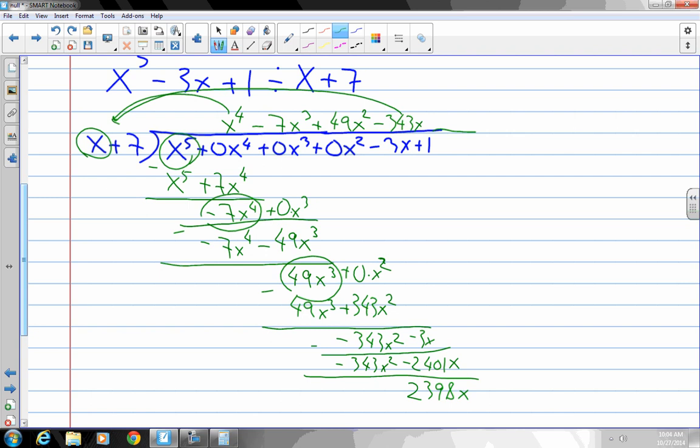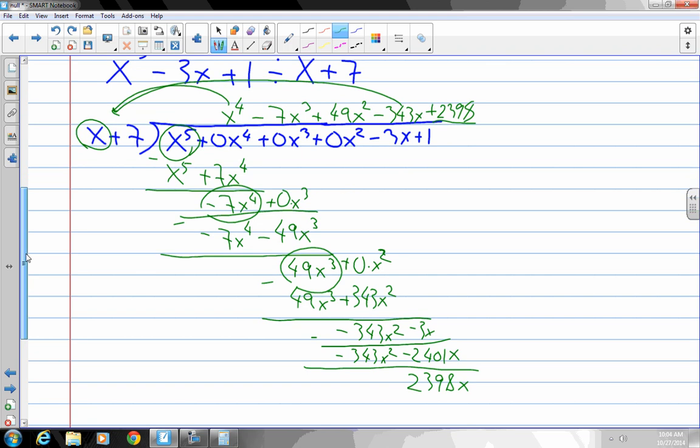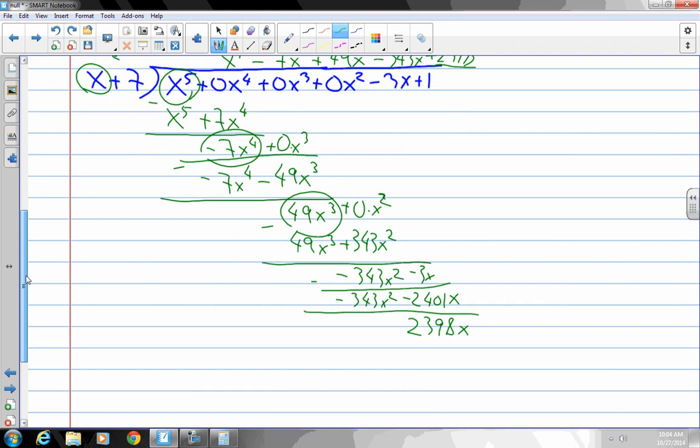So you divide again, so that's positive 2398. Multiply. There's a 1 that's coming down, so it's 2398x plus whatever 2398 times 7 is.